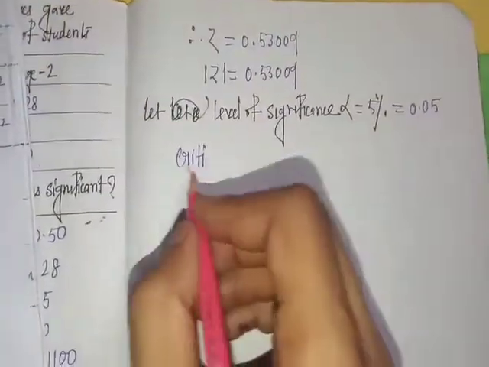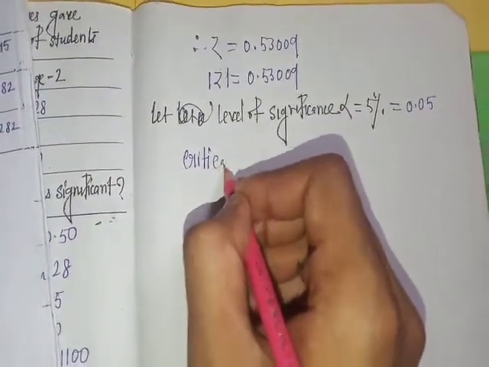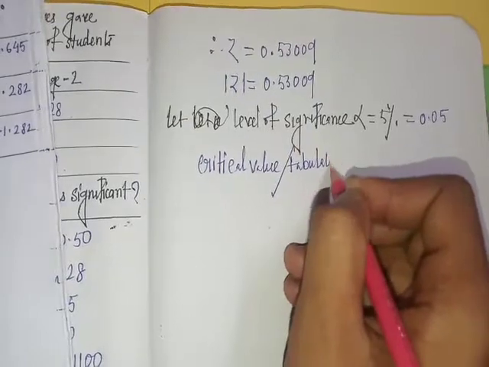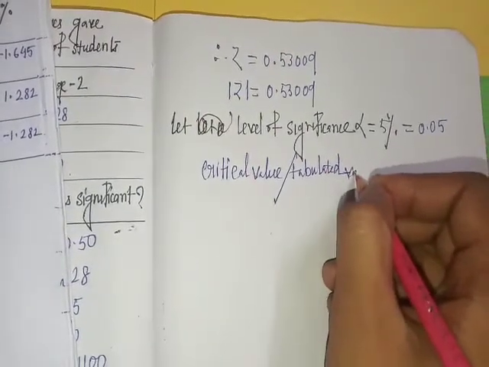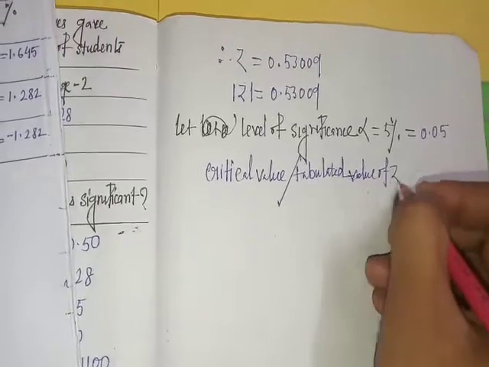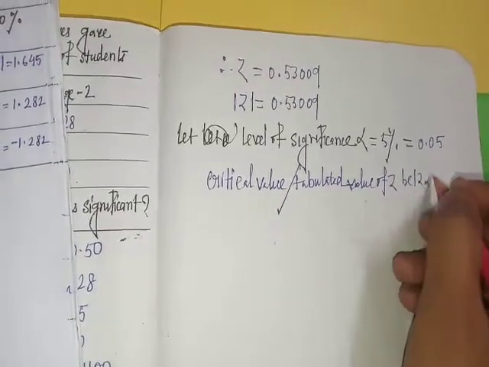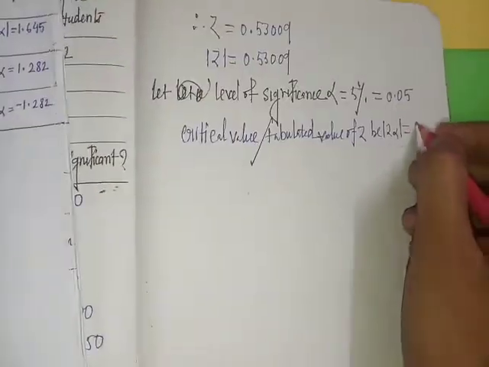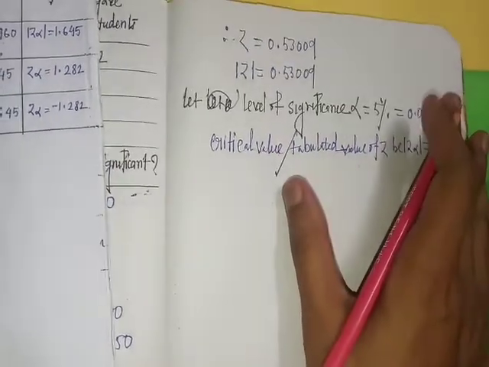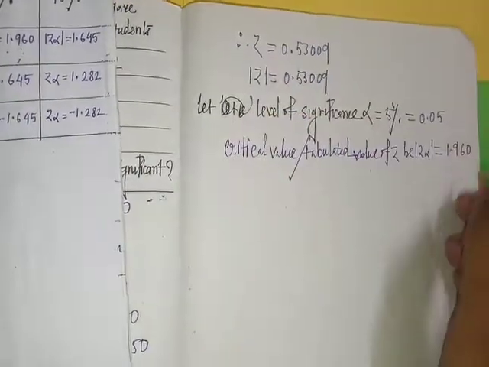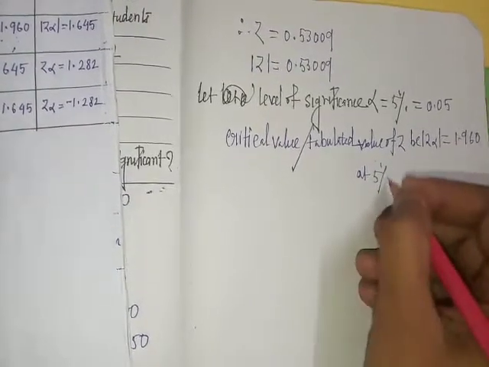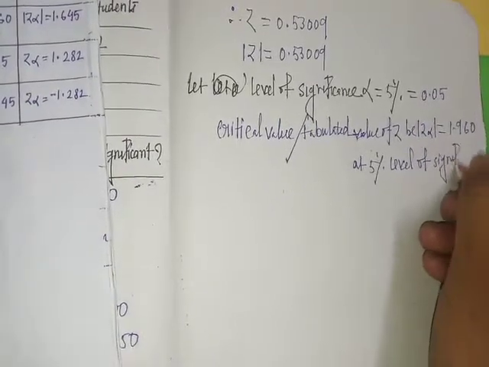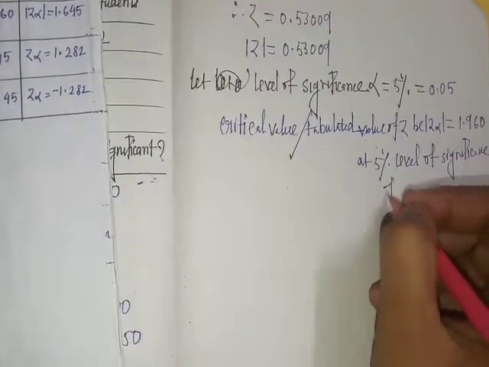So the critical or tabulated value of Z, mod of Z alpha, equals 1.960 at 5% level of significance for a two-tailed test.